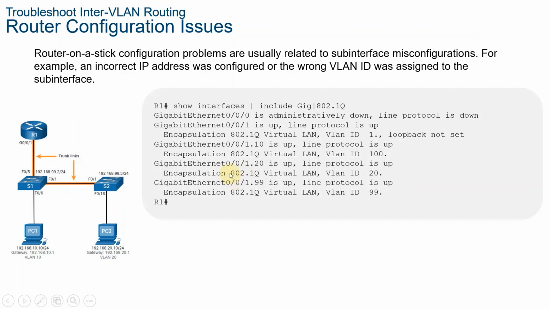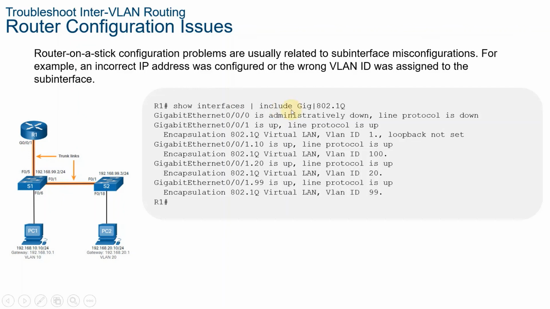So the output can be reduced using the IOS command filters as shown in the output here. So this is a command filter. Something like show interfaces, pipe, include gig, 802.1q here. Now the pipe symbol along with the select keywords is a useful method to help filter command output.